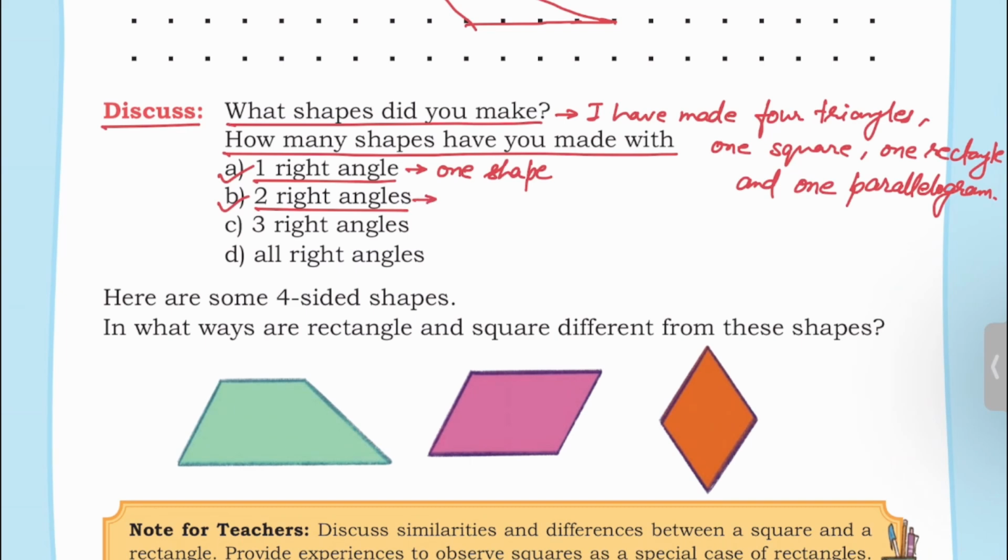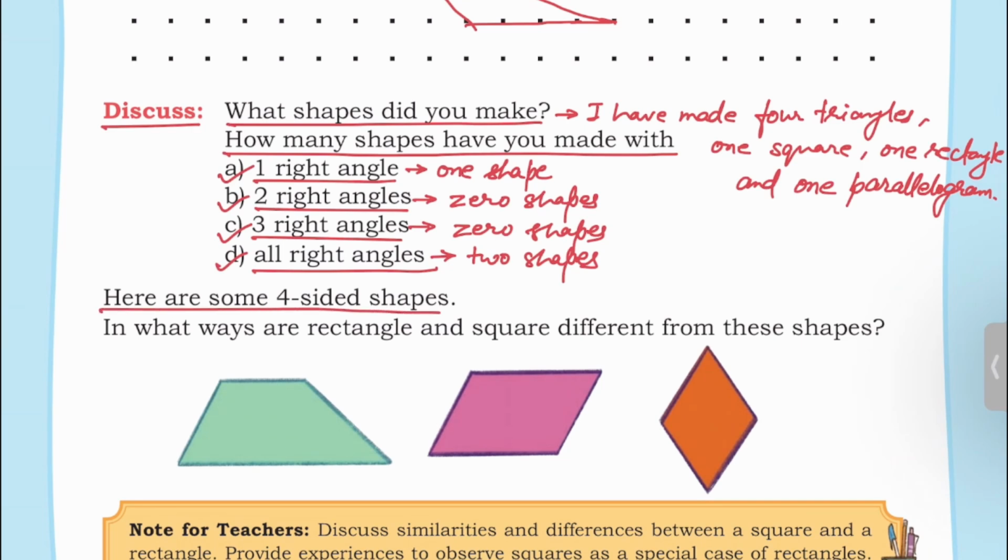So 0 shapes. C. 3 right angles. 0 shapes, or no shapes with 3 right angles. D. All right angles. I have made a square and a rectangle having all right angles. That means 2 shapes.